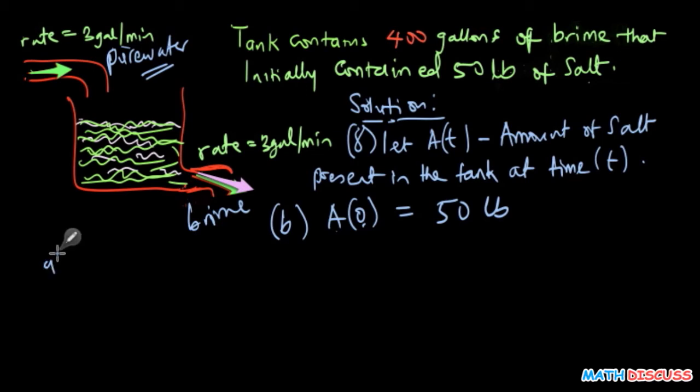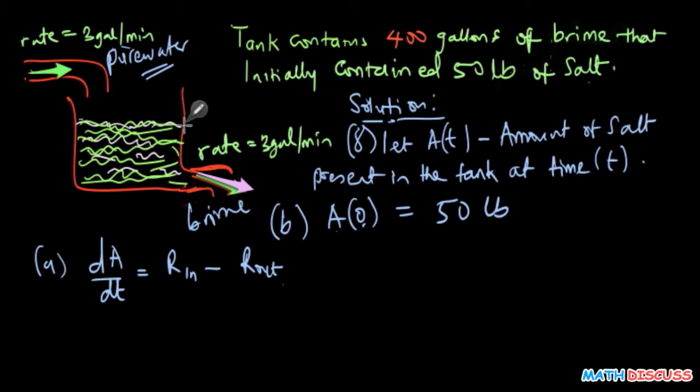Now the next part, which is A, is to find the differential equation that models the process going on here. According to the assumption for mixtures, the rate of change of the amount of salt in the tank equals the input rate, which I'm going to call R in, minus the output rate, which I'm going to call R out. R in denotes the input rate of salt into the tank, while R out denotes the output rate of the brine out of the tank.